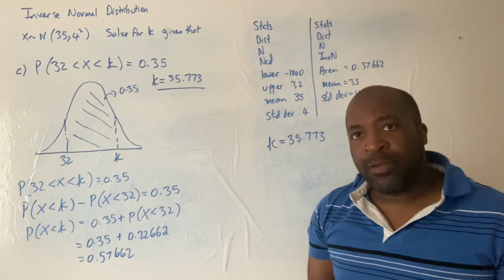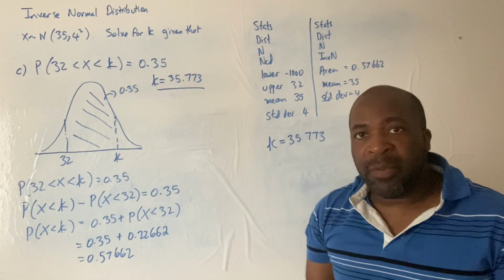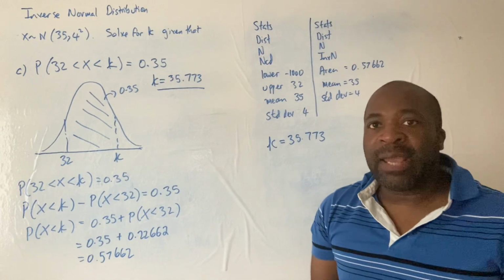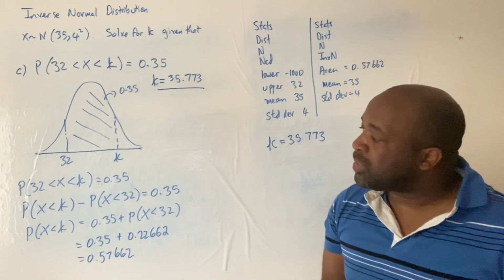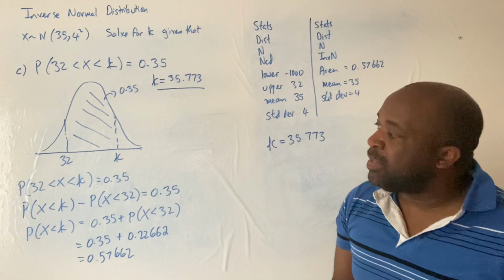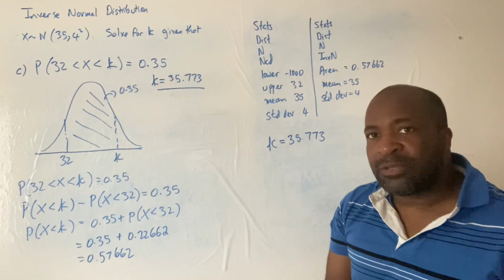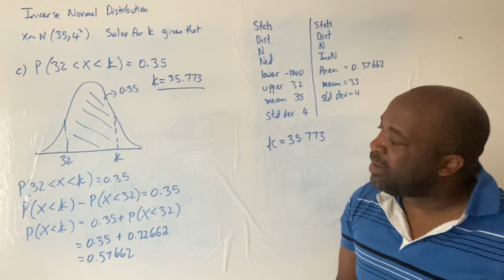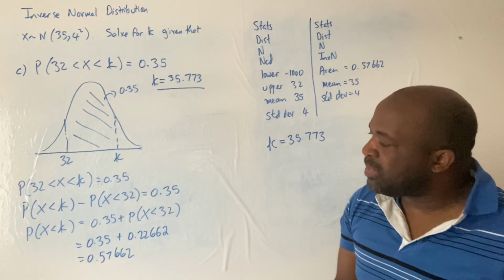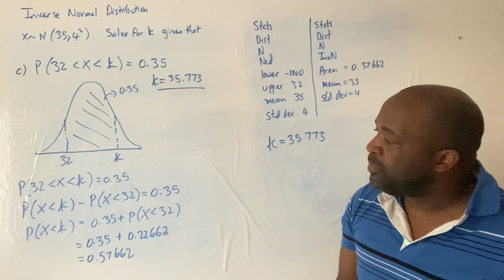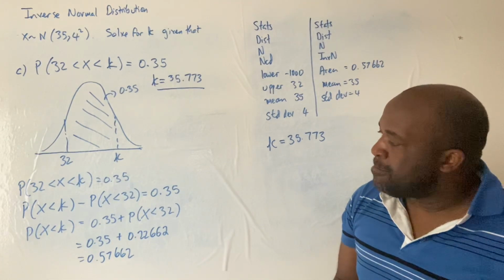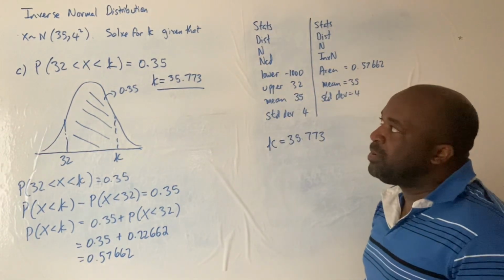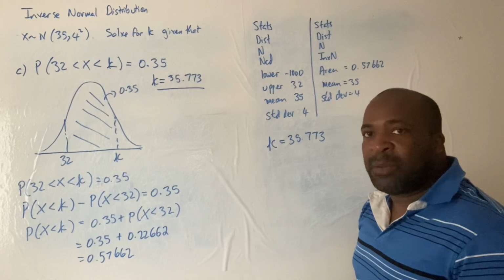Now we can try to do this problem using a tabular method, but again, it's going to introduce some inaccuracies because we're going to be approximating the Z score that's associated with the probability value, since we won't necessarily get bang on with the probability value. All right, so let's have a look at this from a tabular perspective.